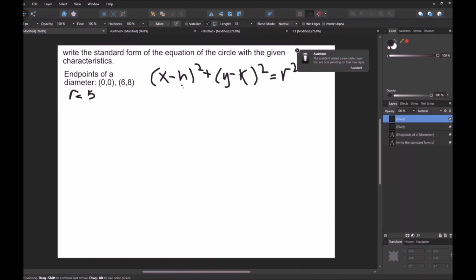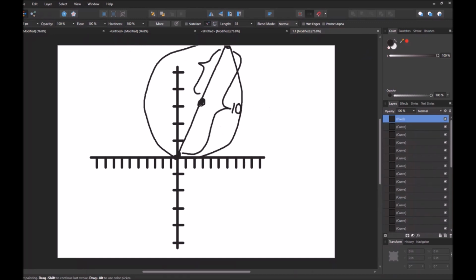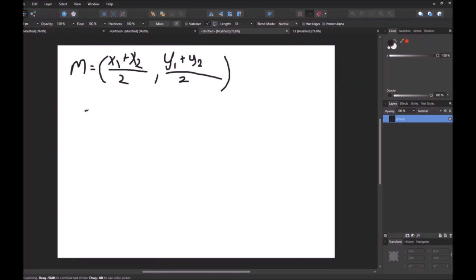Now we need to find the center to get our h and our k points. Well, how do we find the center? If it's in the very middle of these 2 points, it's just the midpoint of those 2 points, right? So we just have to do the midpoint formula. You should have this memorized by now, but the midpoint is x1 plus x2 over 2, comma y1 plus y2 over 2.